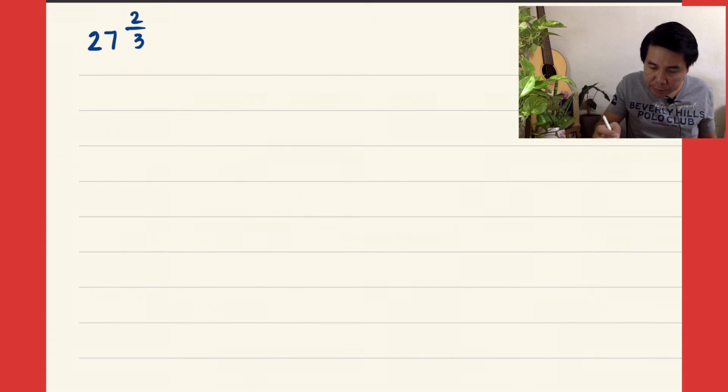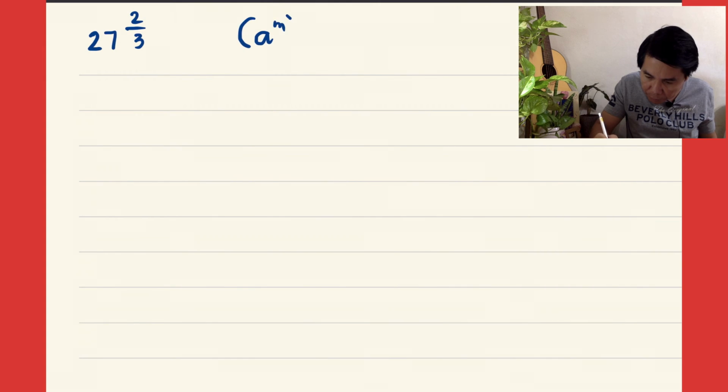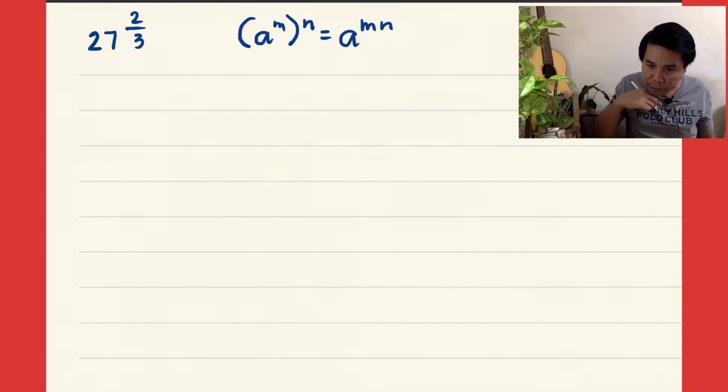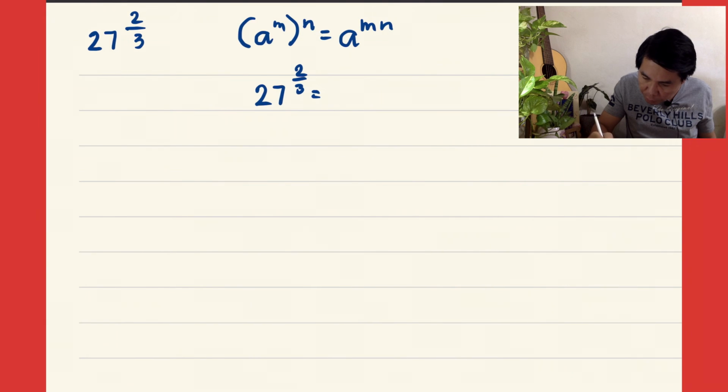Okay, so using the rule we have a to the m raised to the power of n is equal to a to the m times n. So that means to say that if we have 27 raised to the power of 2/3 is equal to 27 raised to the power of 1/3 times 2.